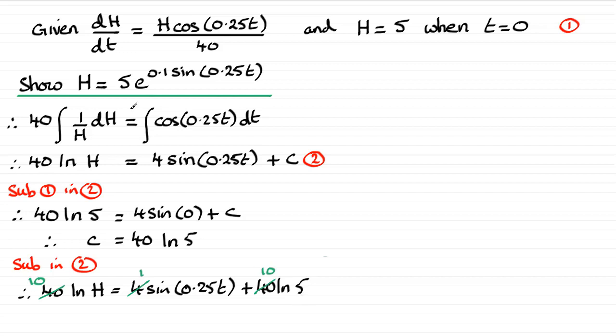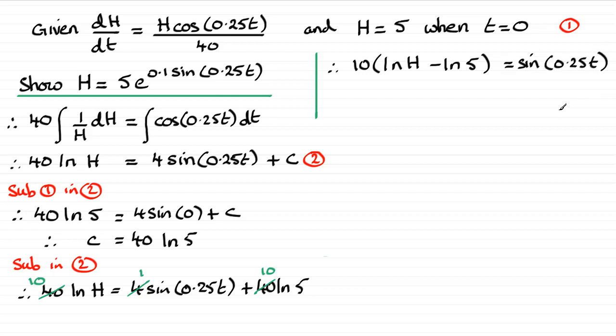So if we just come down here, right, what we're therefore going to have is if we subtract 10 times the natural log of 5 from both sides, pull out also a common factor of 10, you can see we're going to have 10 times the natural log of h here. Then we've got minus 10 times the natural log of 5, so I just need to write natural log of 5 there. And that's going to be left with equaling sine of 0.25t.